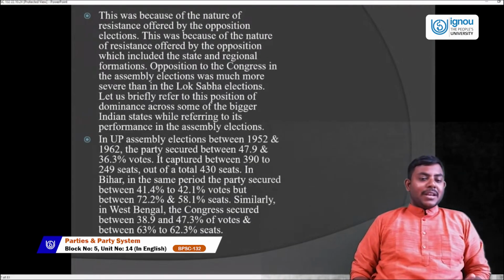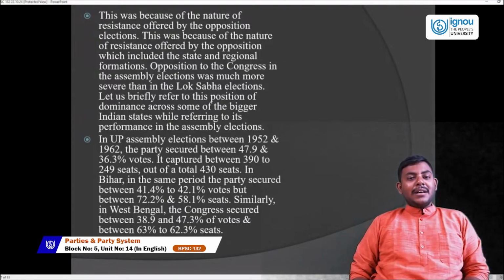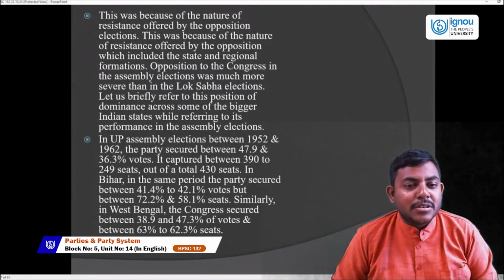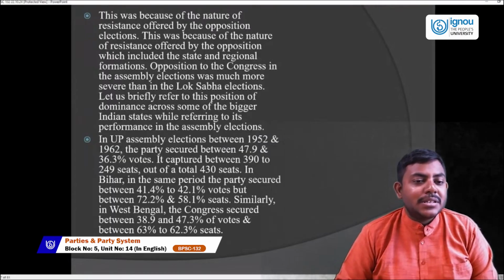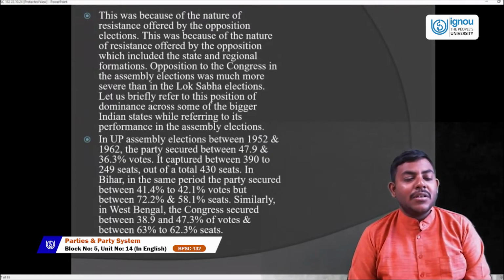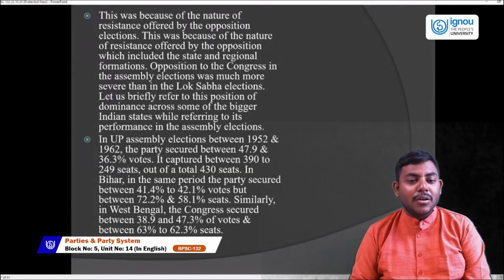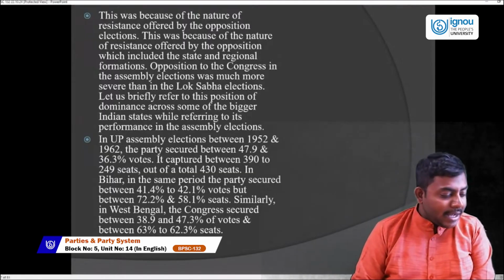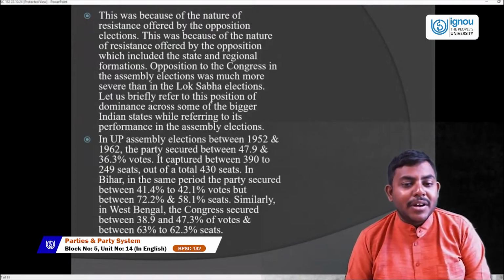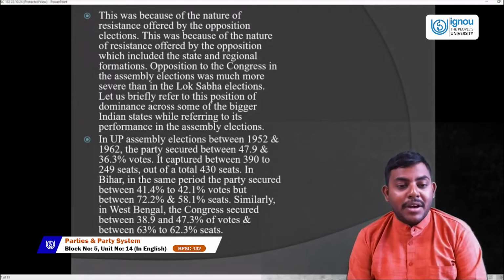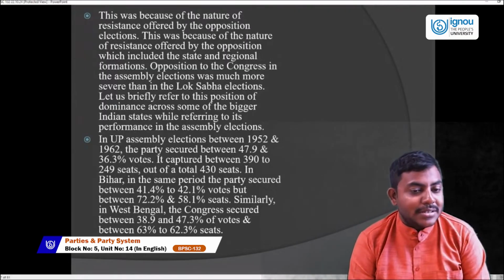This was because of the nature of resistance offered by the opposition, which included the state and regional formations. Opposition to the Congress in the assembly elections was much more severe than that in the Lok Sabha elections. Let us briefly refer to this position of dominance across some of the bigger Indian states while referring to its performance in the assembly elections.